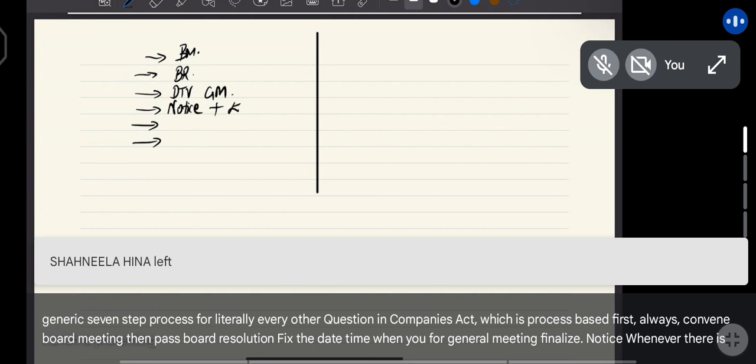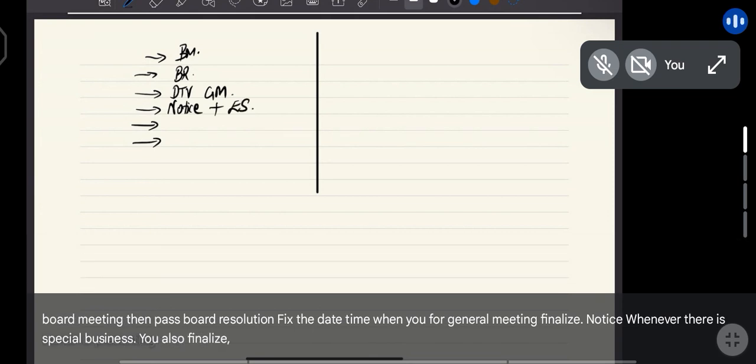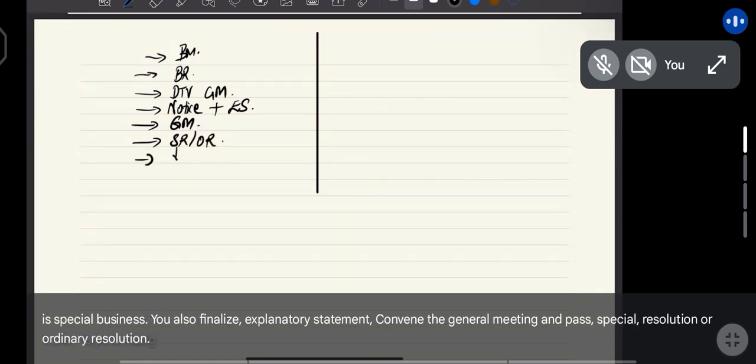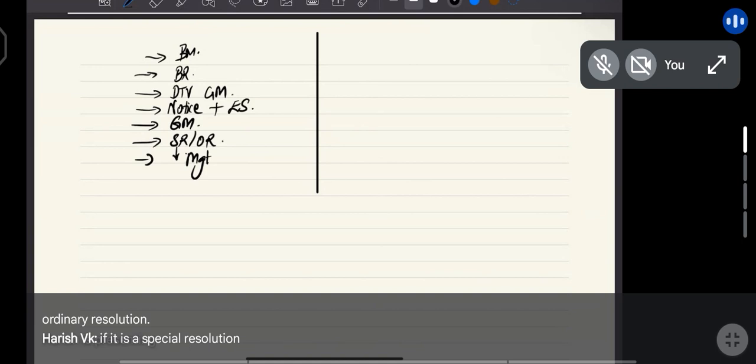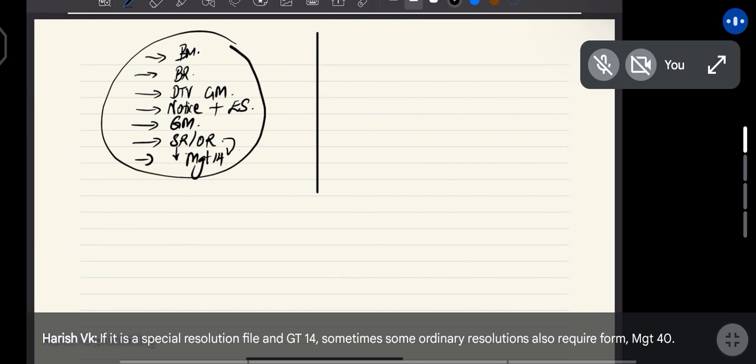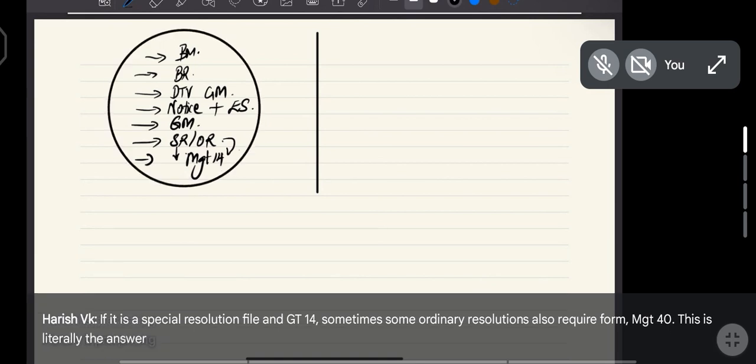Whenever there is special business, you also finalize explanatory statement. Convene the general meeting and pass special resolution or ordinary resolution. If it is a special resolution, file MGT 14. Sometimes some ordinary resolutions also require Form MGT 14. This is literally the answer for 35% of the questions in your company law exam.